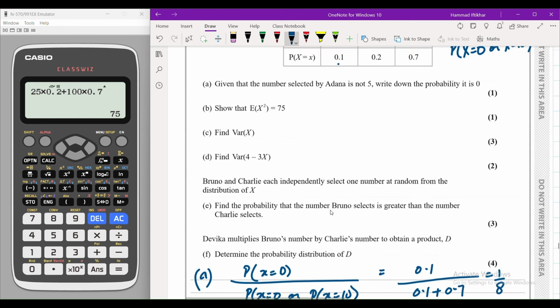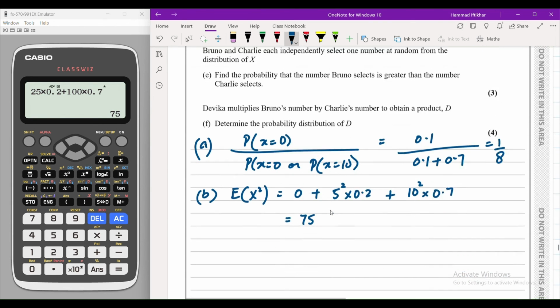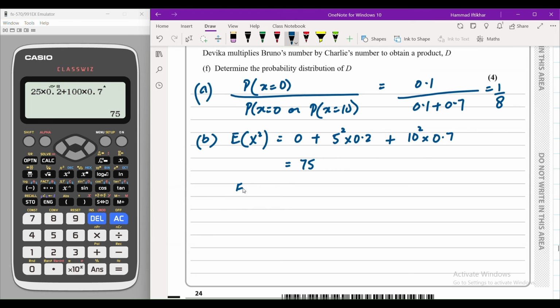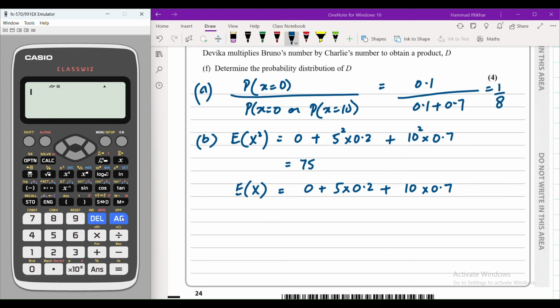Okay. Find the variance of X. So the only thing missing is the expectation before we can actually do that. So 0 plus 5 times by 0.2 plus 10 times by 0.7. So 1 plus 7, that is 8.